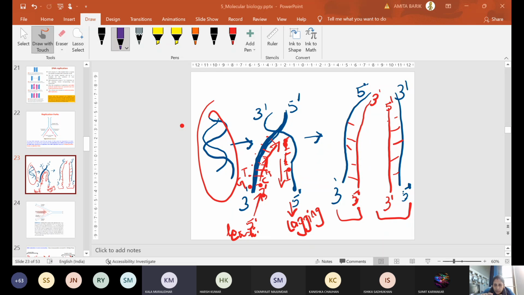Base pairing is very important, because based on the base pairs on the parent, the nucleotides come up and are added into the new strand. Origin of replication, which I discussed, is the starting point. Replication fork is where a fork-like structure forms for replication. Then there are the leading strand and the lagging strand with Okazaki fragments, and the Okazaki fragments are finally joined with the help of ligase enzyme.